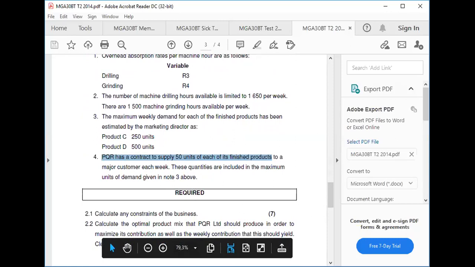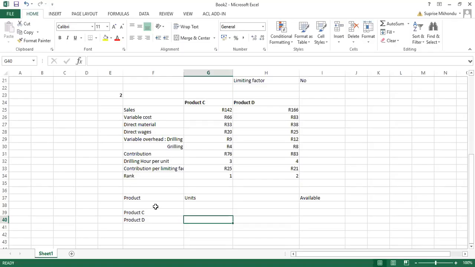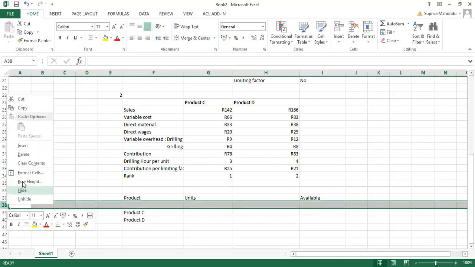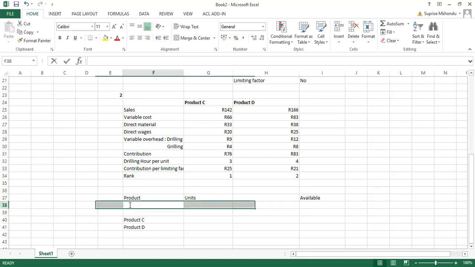PQRS, supply 50 units as a contract to supply to a major customer. So if they have to supply that of each, this must be a special order. Yeah, it's a special order.